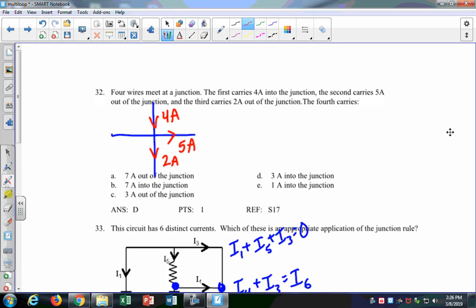And so now I want to know, what does the fourth wire carry? Well, I got 7 amps going out, but just 4 amps coming in. So that fourth wire carries what? 3 amps. And it has to be going in. Oh, not that one. D. Okay?